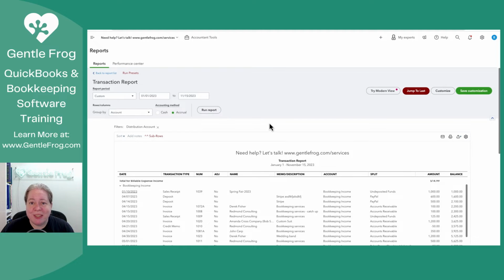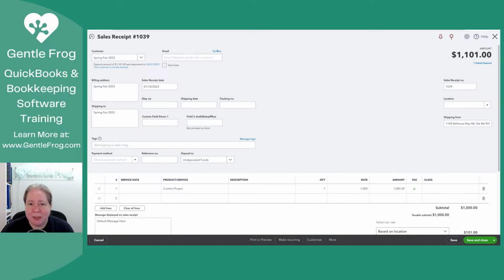We just saw that the debits and credits are undeposited funds and bookkeeping income. Let me go back to the sales receipt. What I've already answered for you is, why does it show up there? And now I want to answer the second question of, why does it not go away? It doesn't go away because it's a snapshot in time. It's not wrong because it's a snapshot in time.